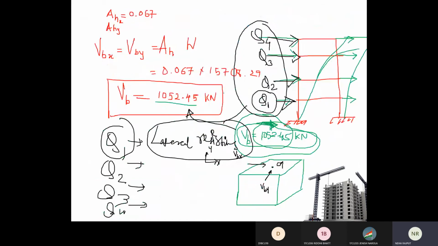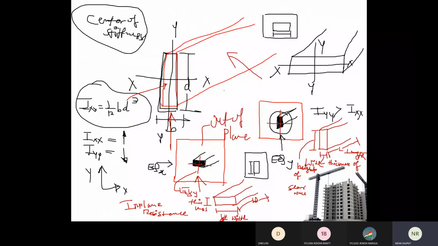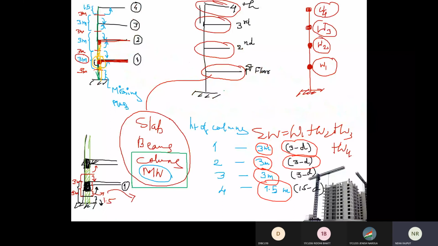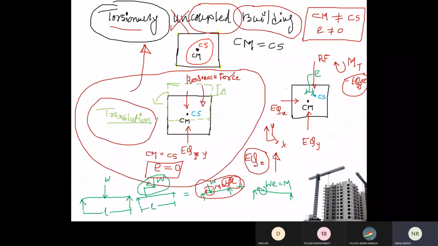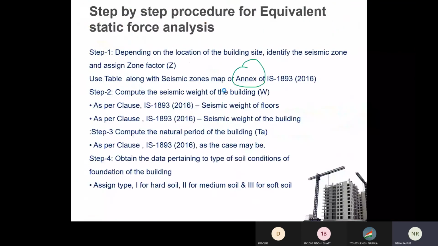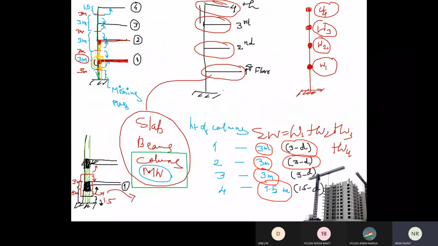To find that, you will prepare this table: level, then height from base, then weight of that particular level, then Wi hi square. The equation is Wi hi square.